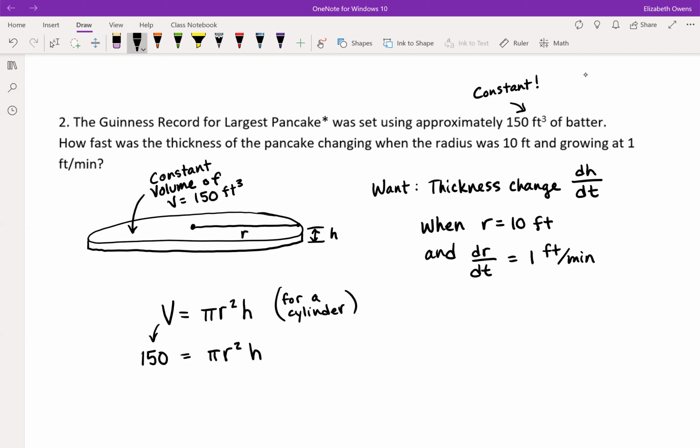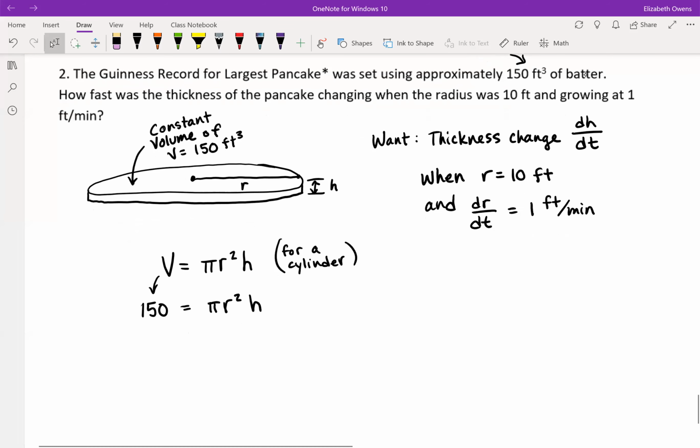Now we would want to take the derivative of this formula so that we can get some rates of change involved. So take the derivative with respect to time t, because we are making rates of change here.